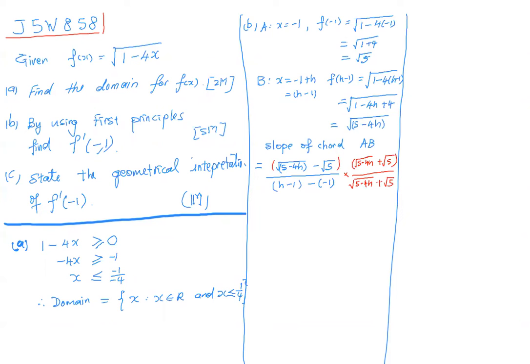Okay, so the top expansion, you know that it definitely will become 5 minus 4h minus 5. You can straight away write down. So the expansion, this one will be h, open bracket, and please put this in a bracket.